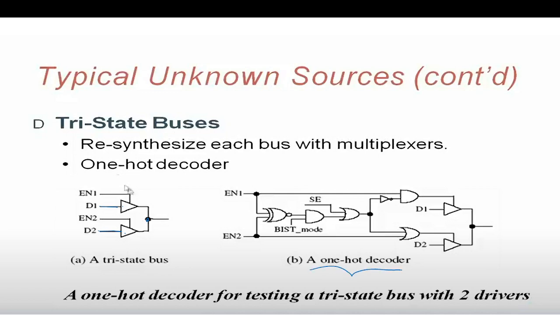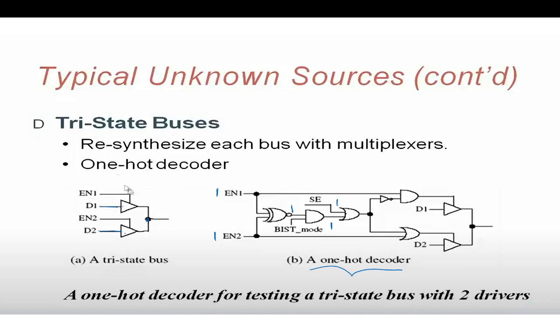So we use a one-hot decoder, which means at any one time, only one of these tri-state buses will be on. Say if both are on, XNOR will be 1. This will be BIST mode. So if BIST mode is 1, this is also 1.